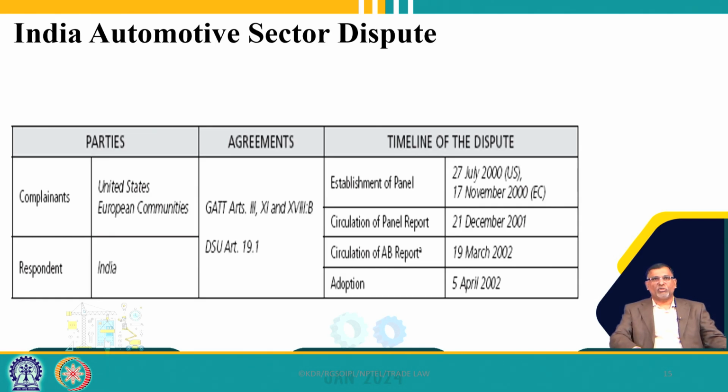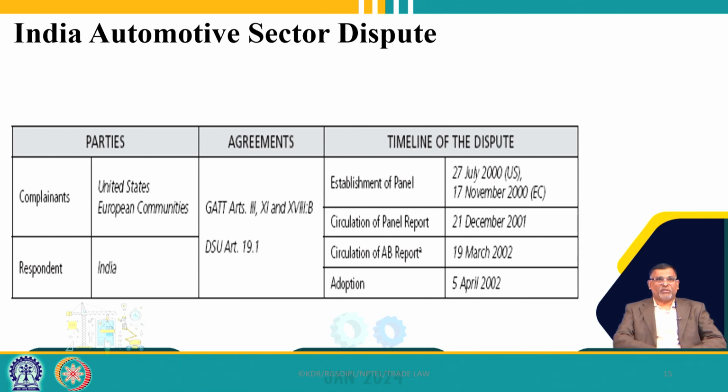Now, we come to the automotive sector. In the India automotive case, it is similar to that of Indonesia. We know that in India there were few brands, or I would say only one brand, the Ambassador, which was operating in India since independence and till the opening up of the Maruti manufacturing center in India.